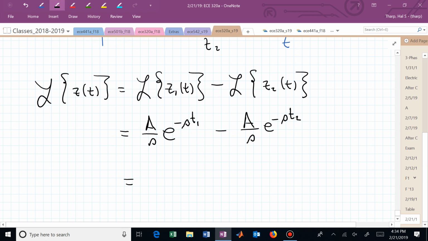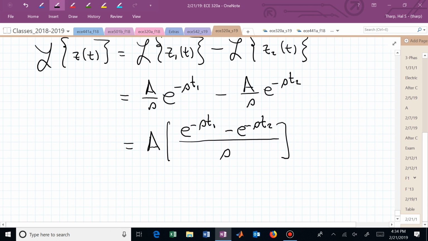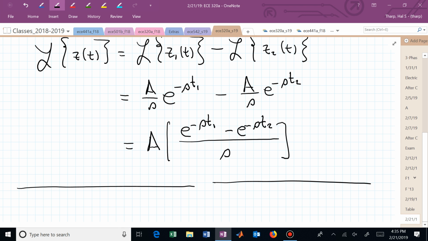And we could now rewrite this as A times the Laplace transform of a unit step that's been delayed in two different ways: e to the minus s t1 minus e to the minus s t sub 2. And that's the Laplace transform of a pulse. Somebody was trying to get home so they could rederive this. A pulse of amplitude A, with a width of t sub 2 minus t sub 1.